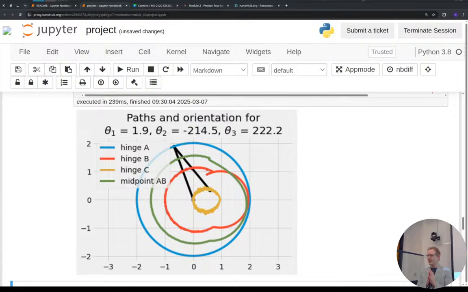And now I get my path plot of what happened as this thing was trying. So blue, through hell or high water, is going to go in a circle, because I said you go in a circle no matter what. What in the world? This yellow hinge C is supposed to be in a fixed location based on constraints that I gave it.